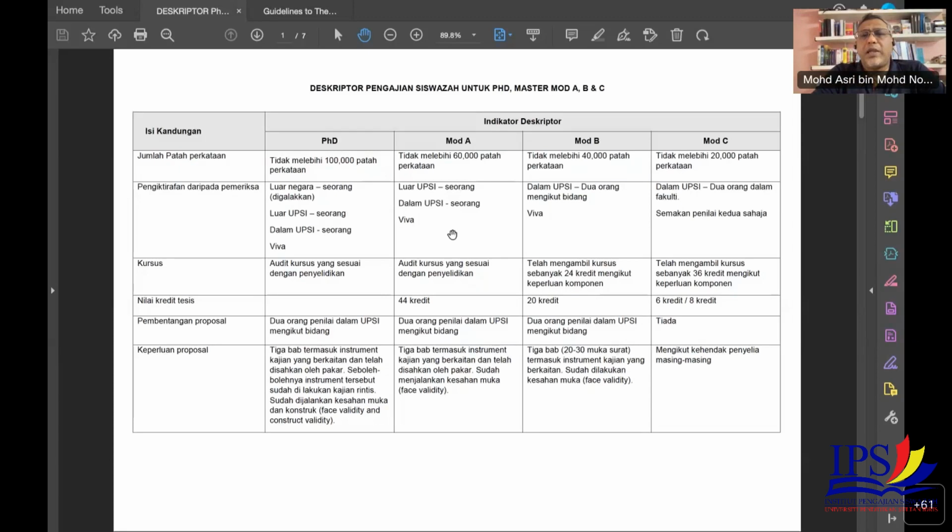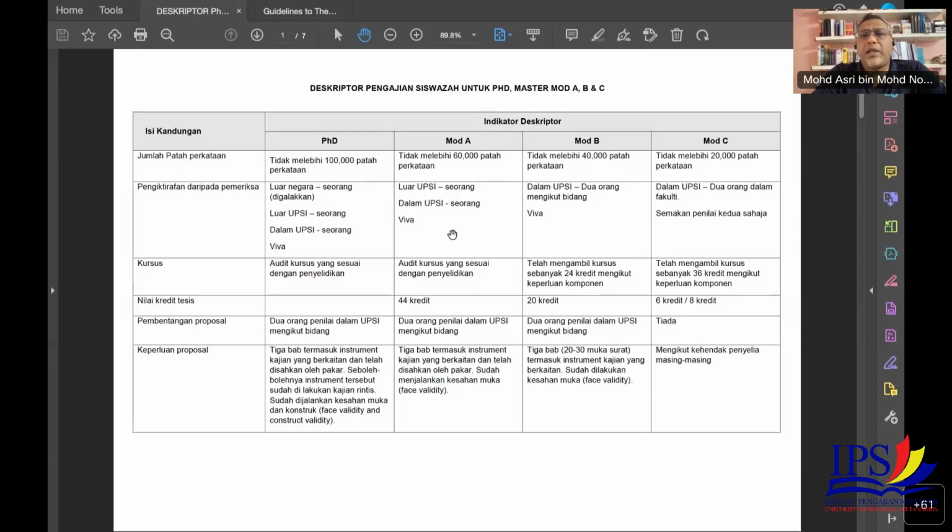Secondly, you must have completed your courses before you can submit or start doing your project paper, because there is a prerequisite before you write your project, which is you must have completed a certain number of credit hours.